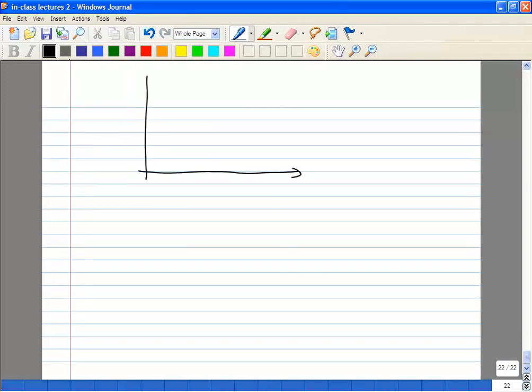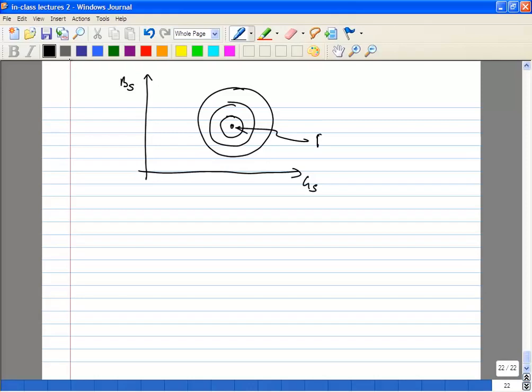So if you plot this out, this is your F min point, but you can draw circles, F min plus 0.1 dB, F min plus 0.2 dB and so on.